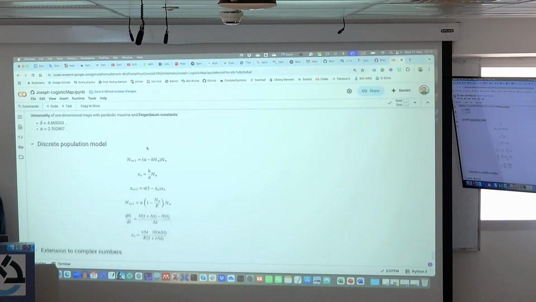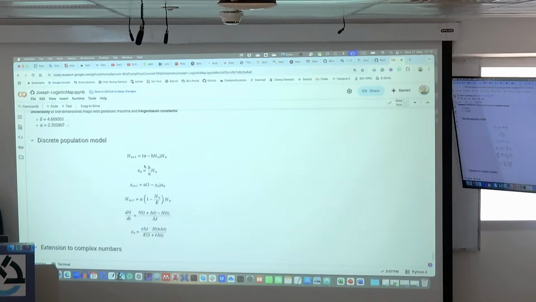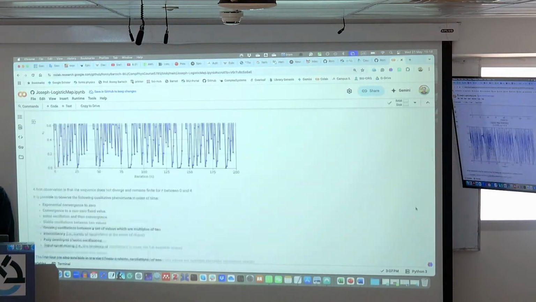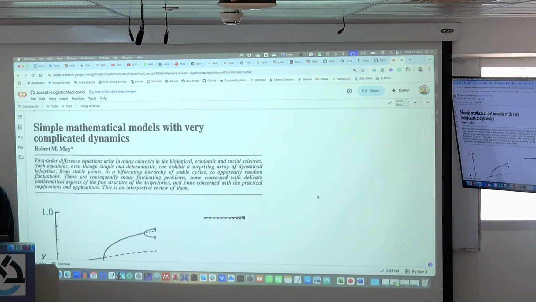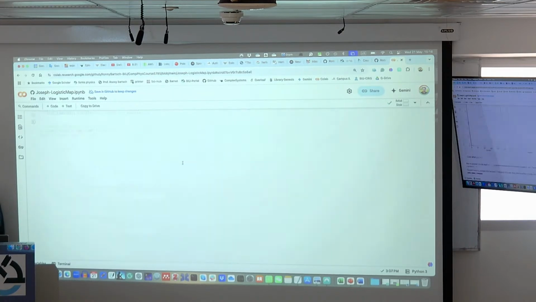So next is how we describe the population model. In this article we talk about how to describe the population, and the exact formula is here.